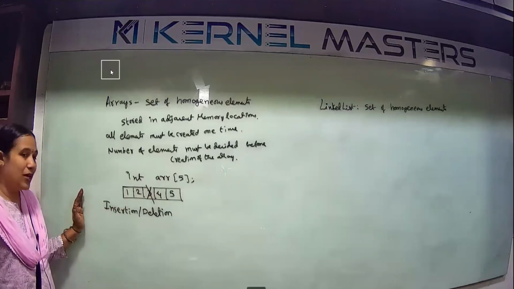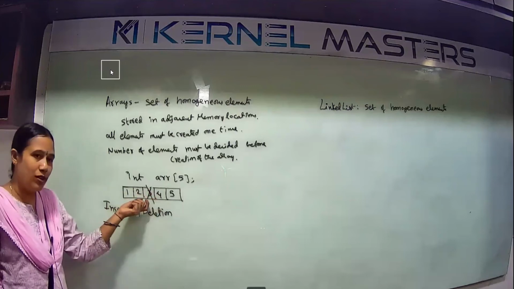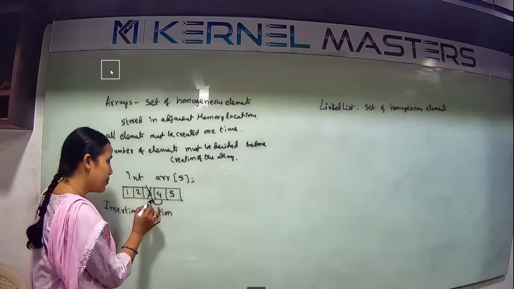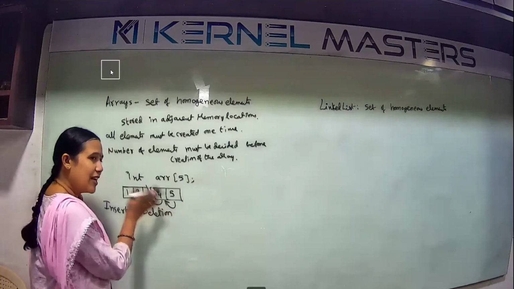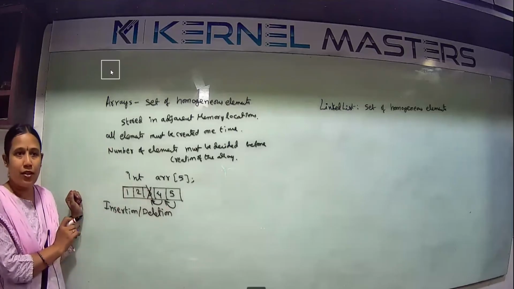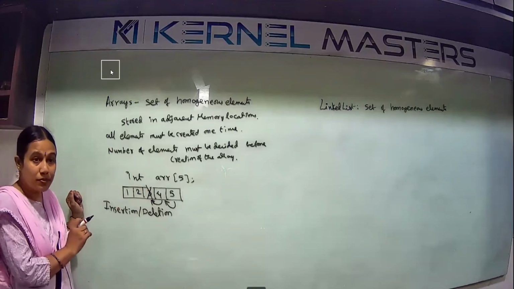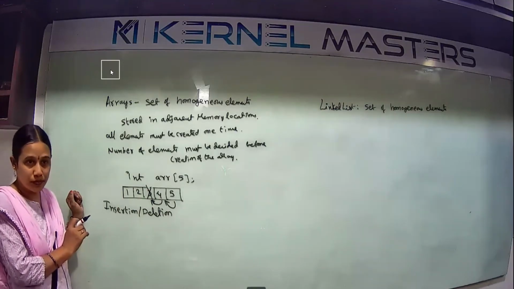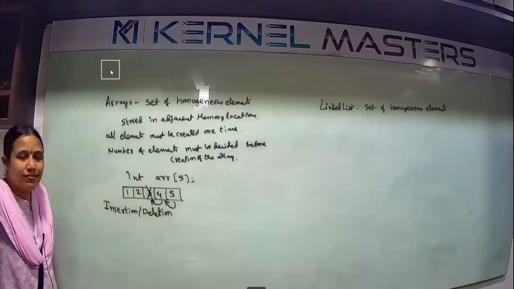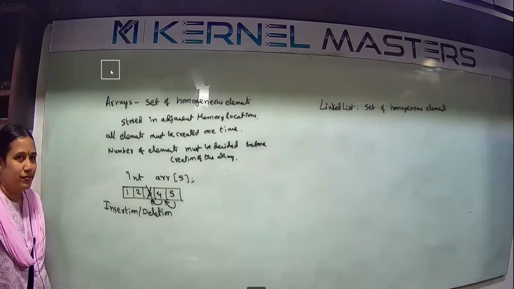But you can get the effect of deleting 3 by overwriting this 3 with 4, then 4 with 5, like that. You can shift the data. Then you will get the same effect of deleting 3. Got it or not? If you ignore that element while you are accessing the list, then that works.